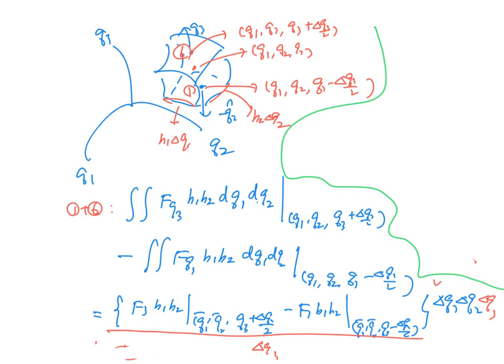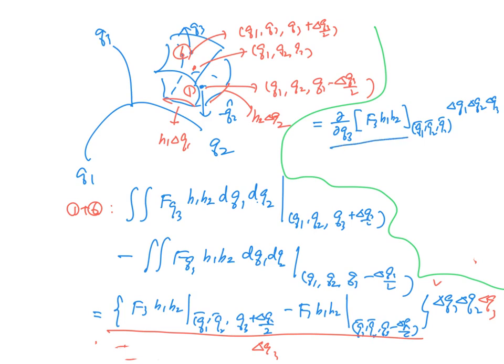So it's going to be partial Q3 partial F3 H1 H2 evaluated at Q1 bar, Q2 bar, Q3 bar, delta Q1, delta Q2, delta Q3.